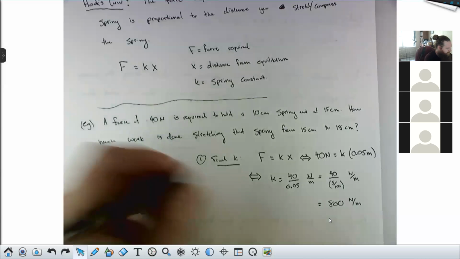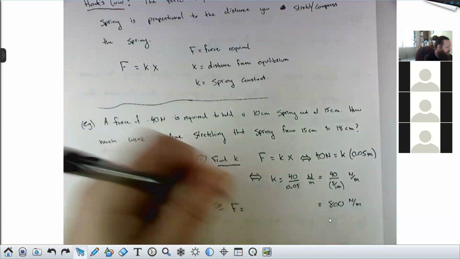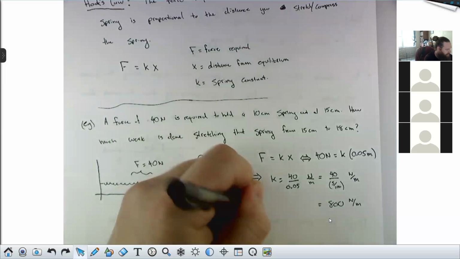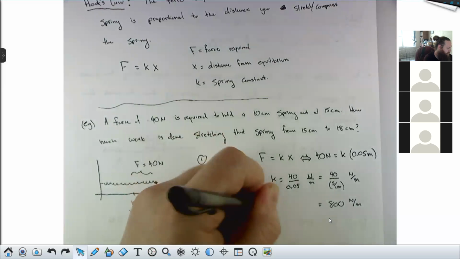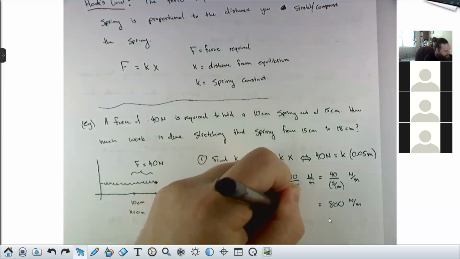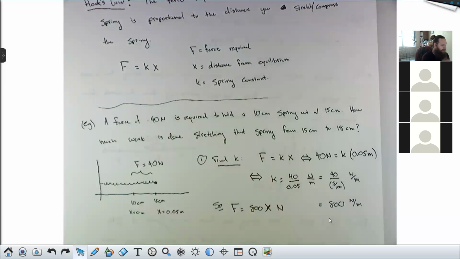So the force I need to stretch or compress this spring by a distance of x from its equilibrium, which is 10 centimeters, is 800x. The 800 has units of newtons per meter and x has units of meters, so the units here would be newtons, the unit of force. Then the question is how much work is done to stretch that spring from 15 to 18 centimeters.